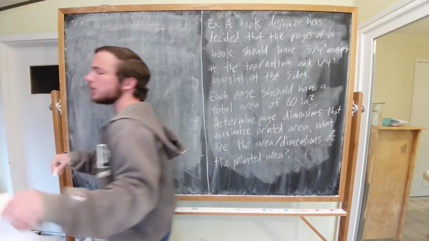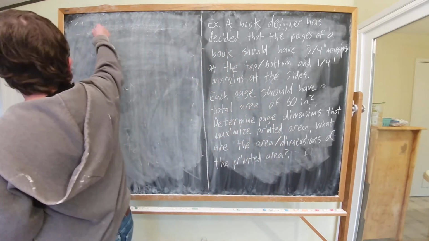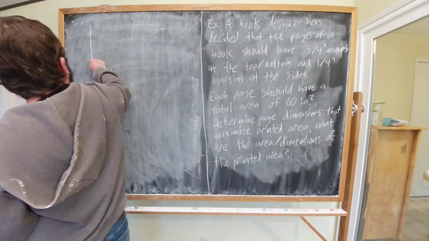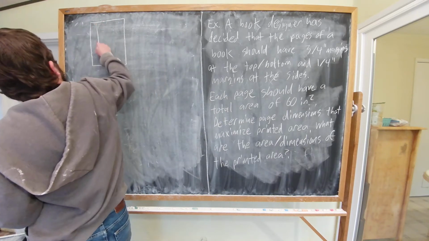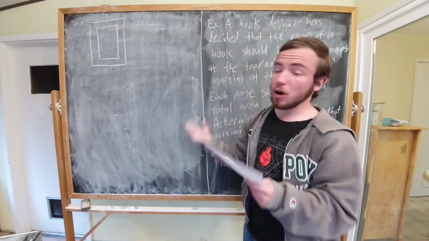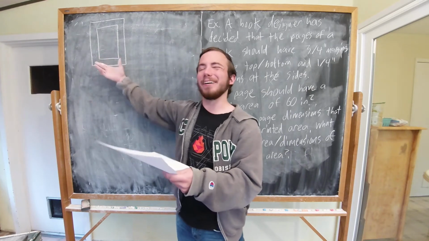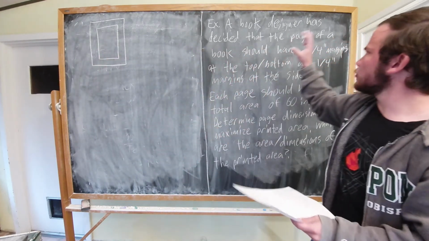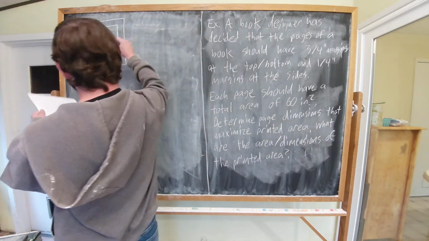Alright, so our picture for this situation is going to be a couple of rectangles sitting inside of each other. So we have the big rectangle, the overall page of the book, and then the small rectangle is the printed area inside of the page. We're told, okay, 3/4 inch margins at the top and bottom.